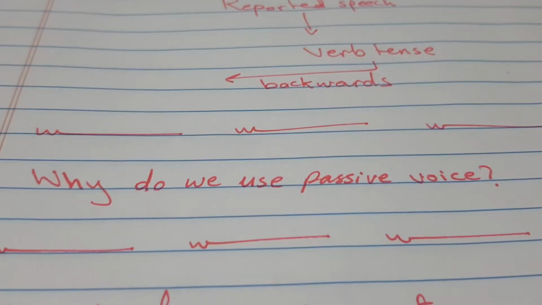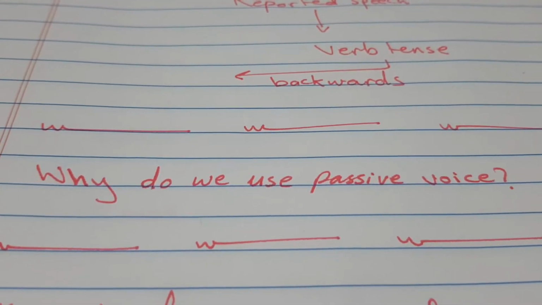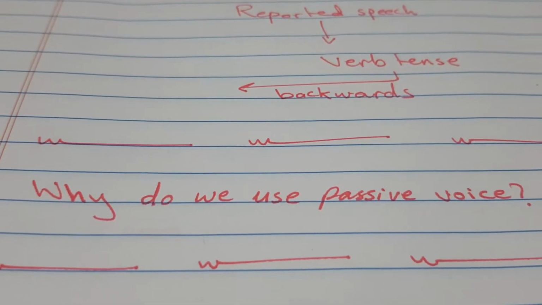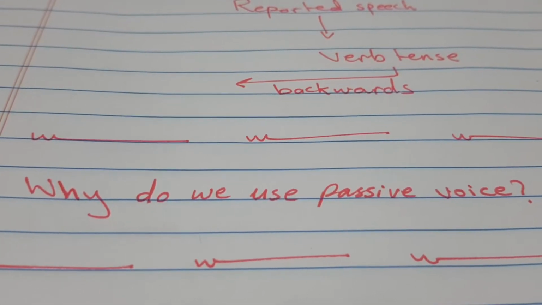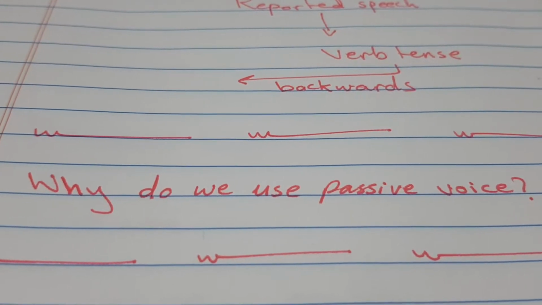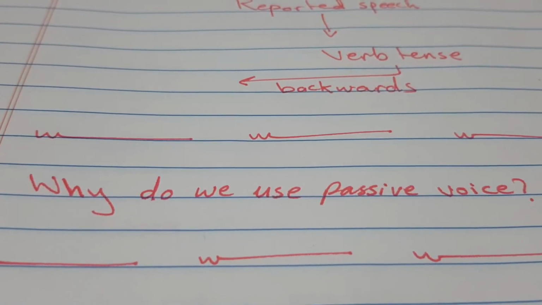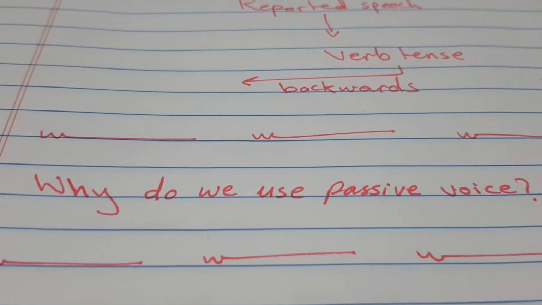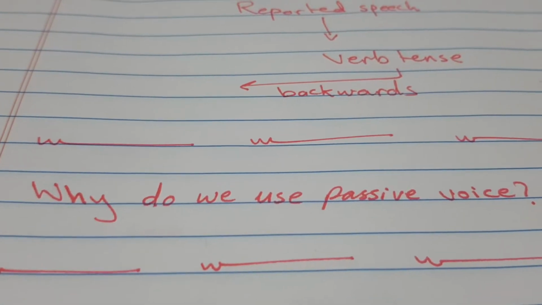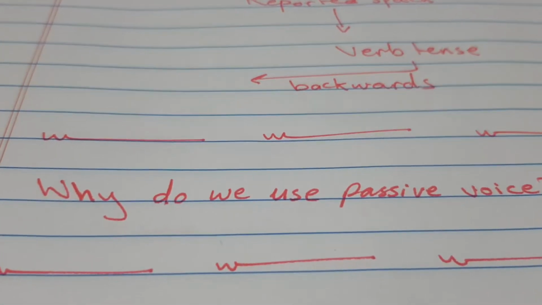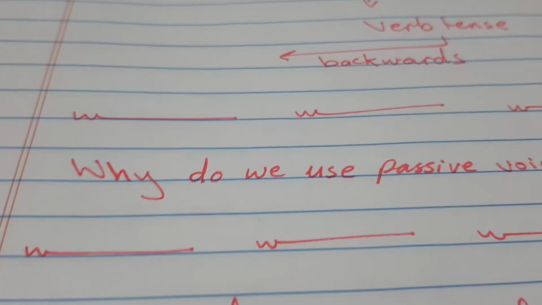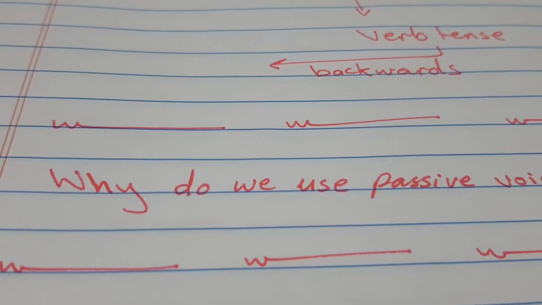For example, when we say the concert will be attended by the Prime Minister, I don't care about the Prime Minister here. I care about the concert being attended by whoever comes. So the action and the object itself are more important.